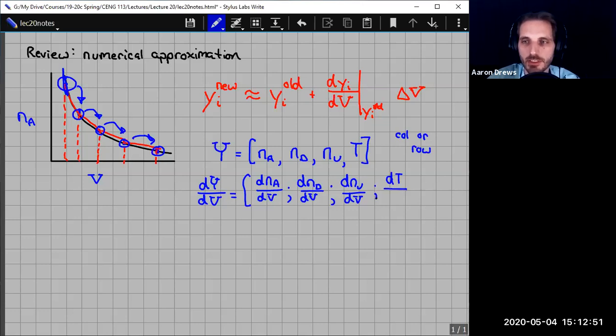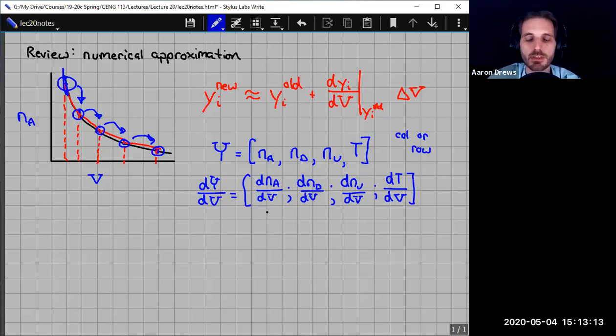Why does it need to be a column vector, or why can it sometimes be a column vector or row vector? Only because that's the way that MATLAB syntax works. If you had a different piece of software like Python or Polymath or Mathematica or something like that, they may not require it to be a column vector. That's just a syntax problem.